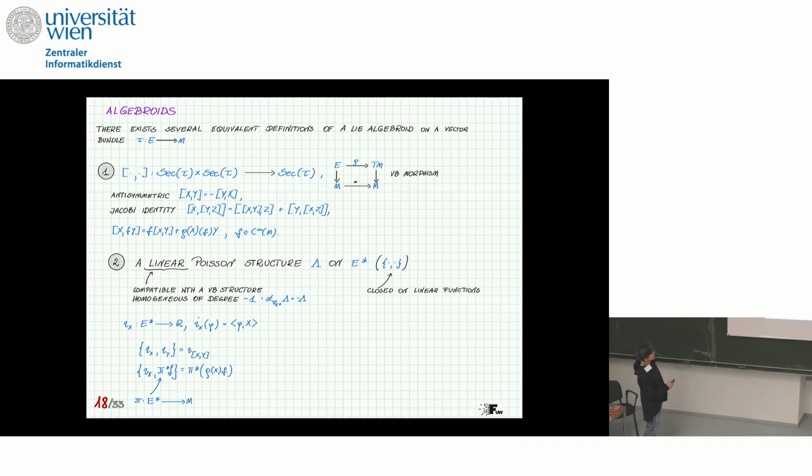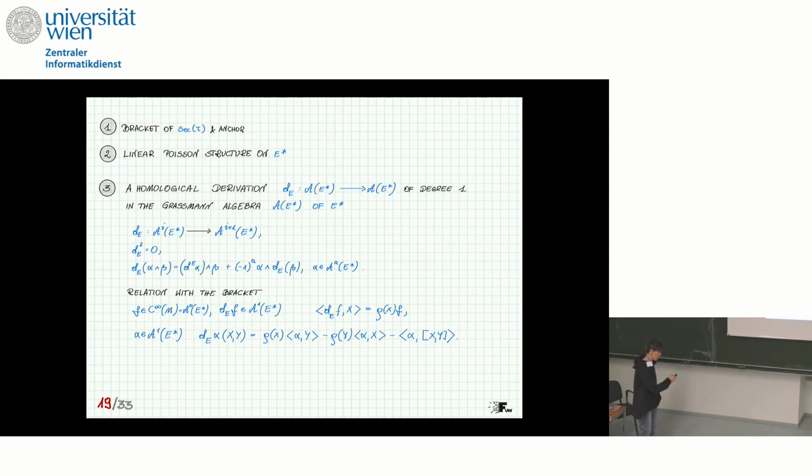So you can have a bracket, you can have a linear Poisson structure on the dual, and there are more.